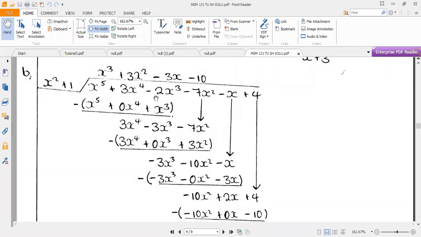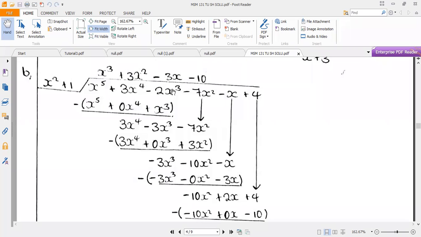I can't see the negative 2x to the power 3 that you're talking about. The one which is on top, in the equation. There's no negative 2, okay, madam. On the B part? So it's there, negative 2x to the power 3. Oh, you mean this one here? Yes. Yes, that's the one I'm talking about.